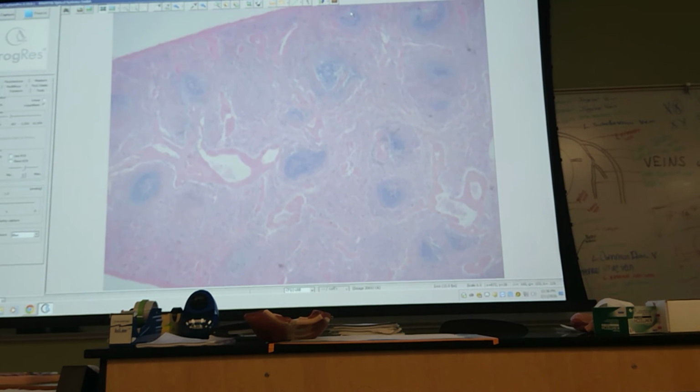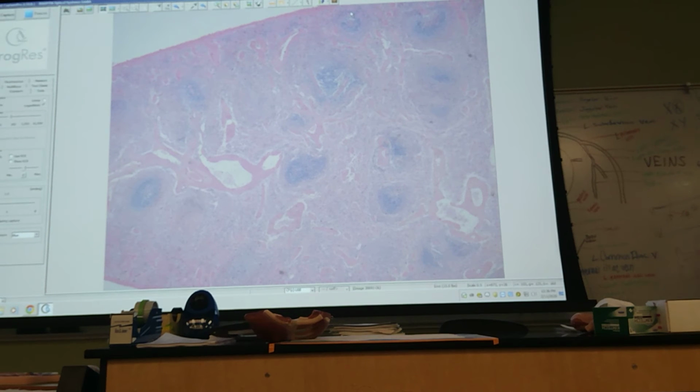So you can see the areas of red pulp in between. I just moved around a little bit, but there are lots of areas of red pulp.